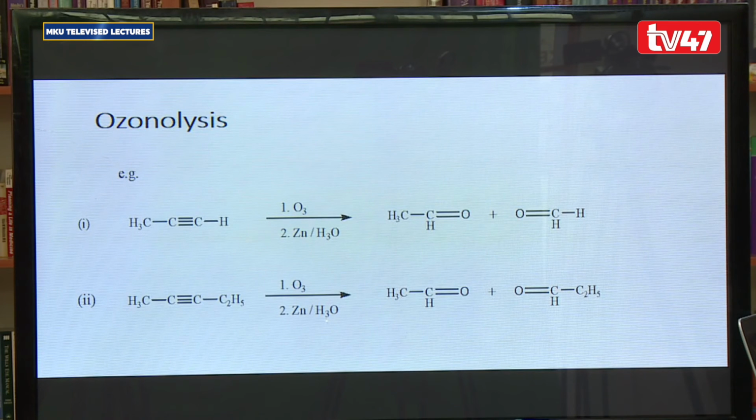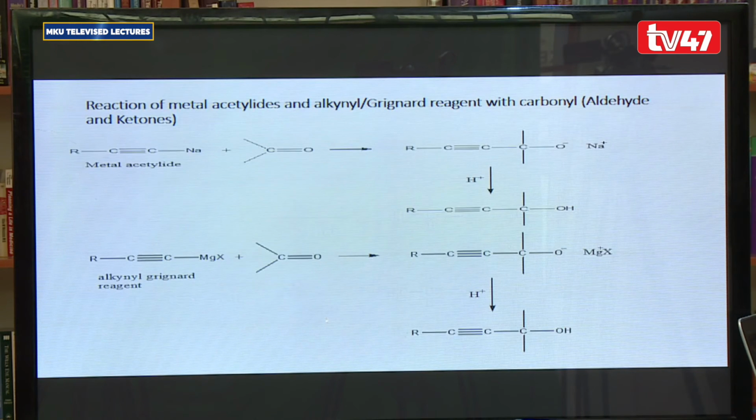One, if it is a terminal alkyne, is methanal, and the other one is another aldehyde. So ozonolysis results in the formation of aldehydes, or what we call carbonyl compounds.